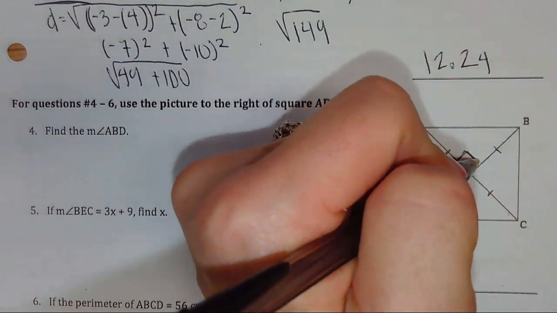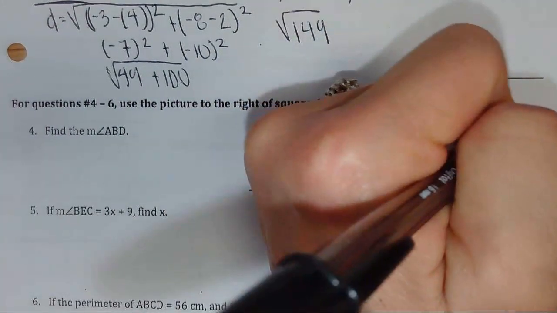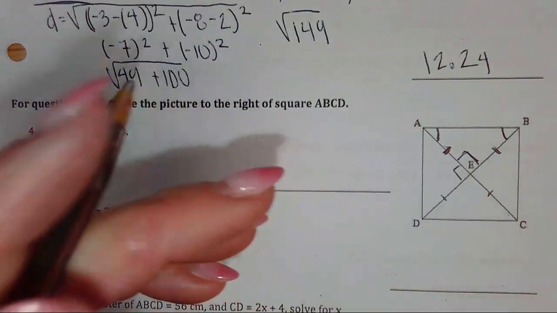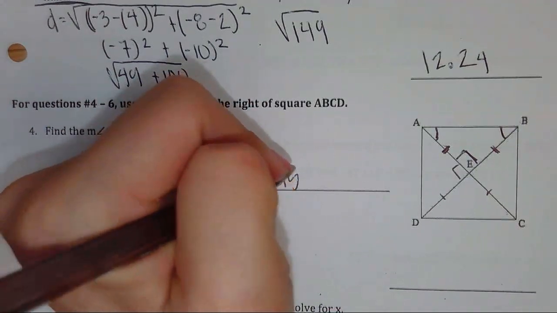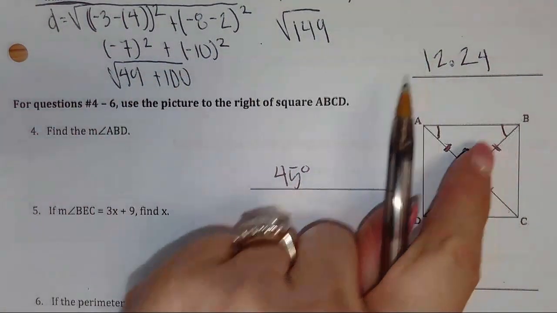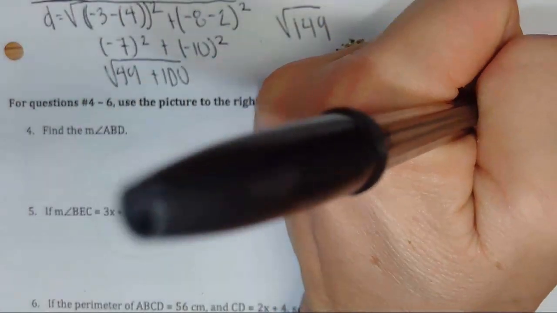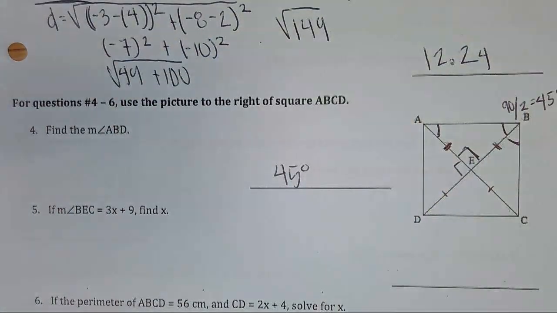Because this is a right angle, and we know these two legs are congruent, these two angles have to be congruent, and their only measure would be 45 degrees. Or you can think that the diagonals bisect opposite angles, which if this is 90 degrees, 90 divided by 2 is 45 also.